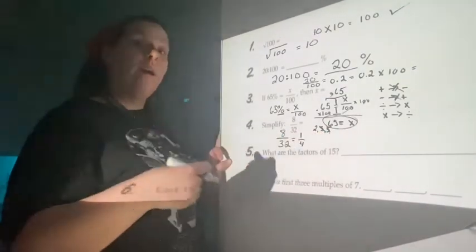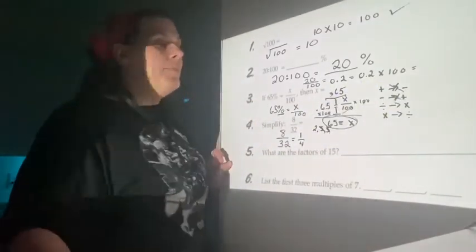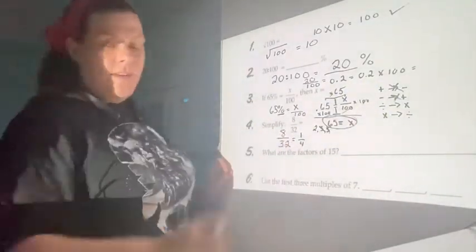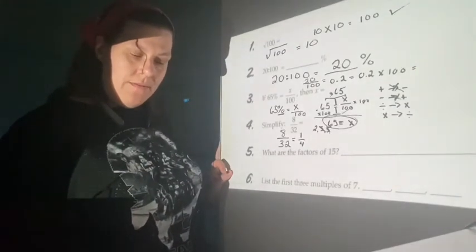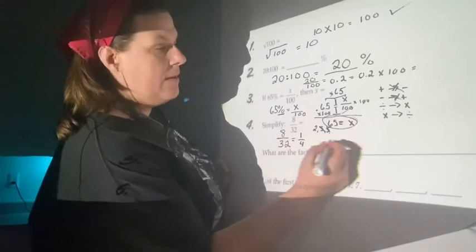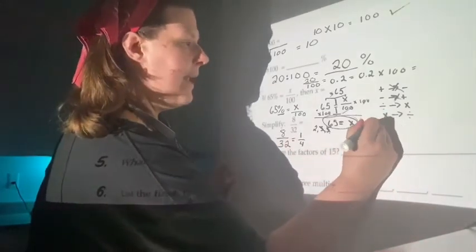You divide by 2 as many times as you can before you can't do it anymore. So the first one, 8 divided by 2 equals 4. Let's start over here: 8, with 32 on the bottom.